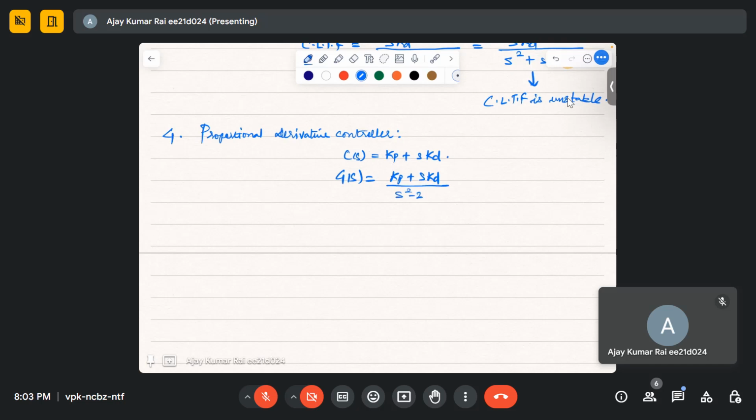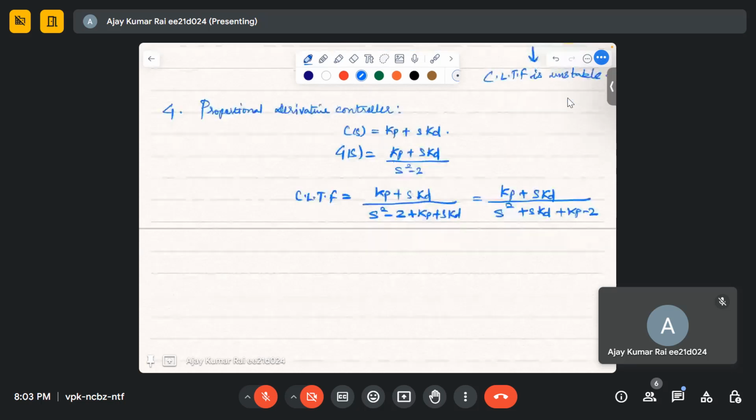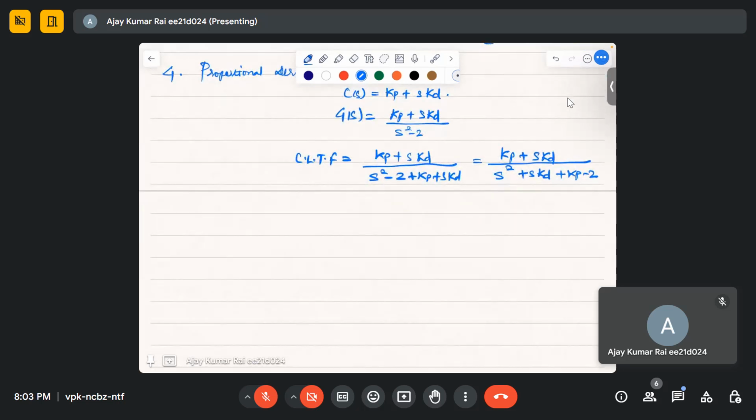If you find the closed loop transfer function, you'll get Kp plus s into Kd by s square minus 2 plus Kp plus s into Kd. If you arrange it properly, you'll get s square plus s into Kd plus Kp minus 2. This is the characteristic equation.